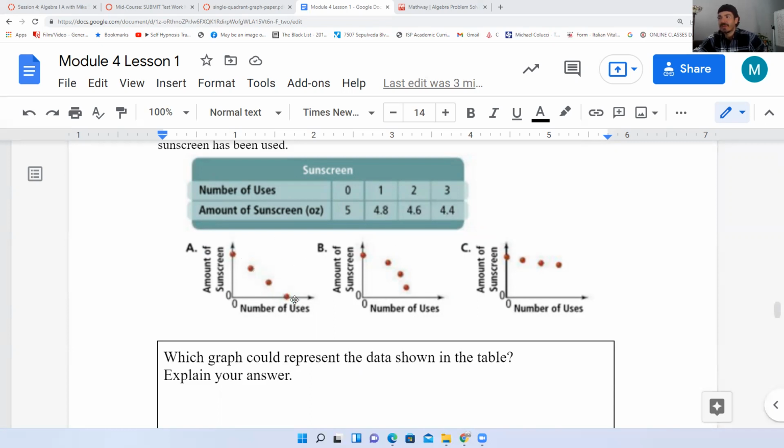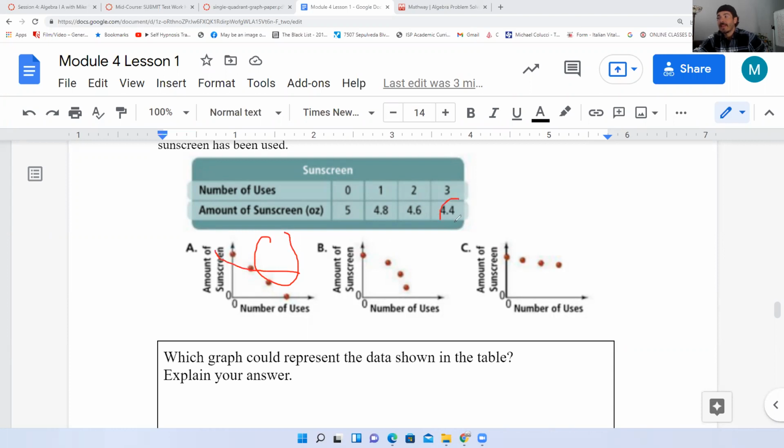So here this is 1, 2, 3. This one suggests that it's going down at each turn, but at the end they're at 0. So they used it all in part A, and that's not true of our graph here, because by the third number of uses, they still have a whole lot left.